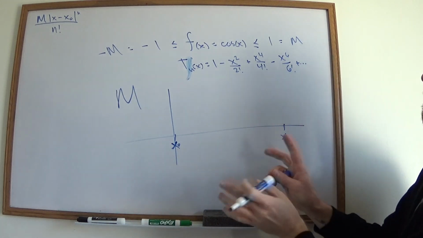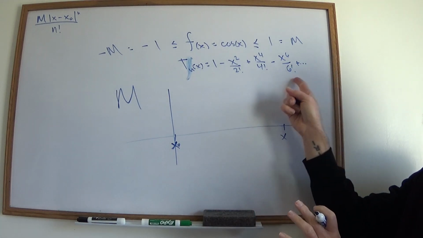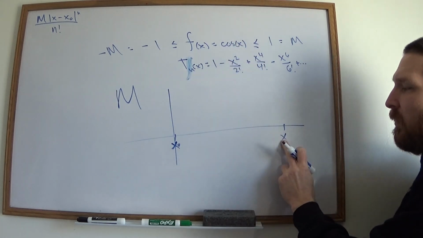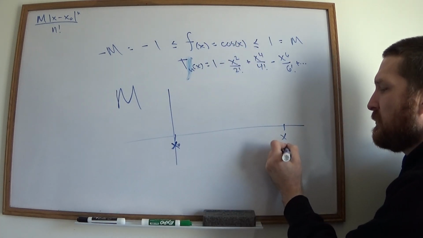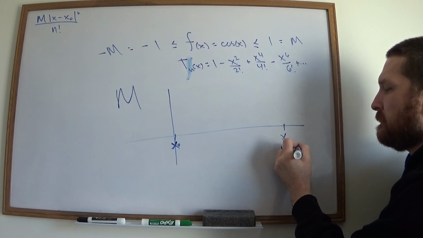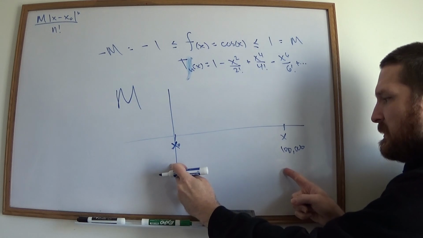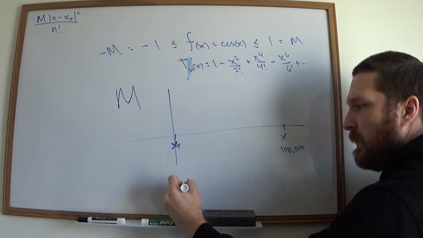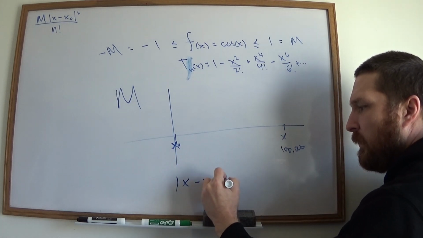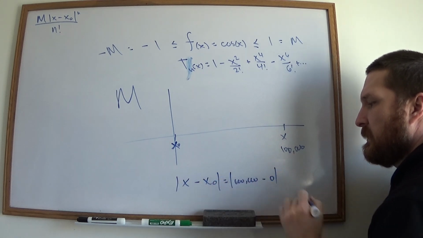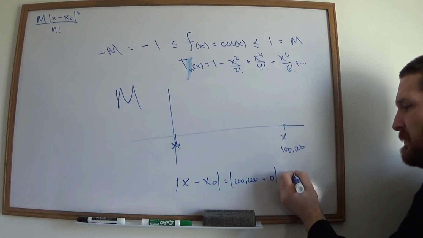And we want to know, okay, I want this thing to approximate the real thing all the way out to, let's say, 100,000. Okay, and so then my x minus x0, this guy right there, would be 100,000 minus 0. And so this is 100,000.